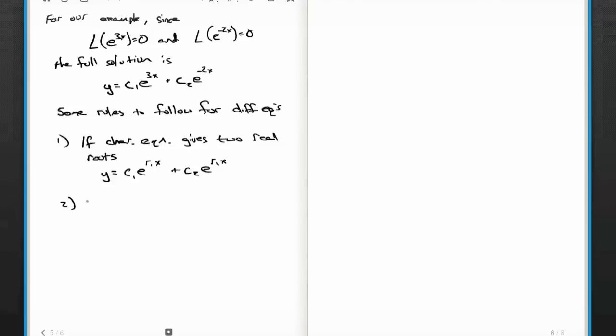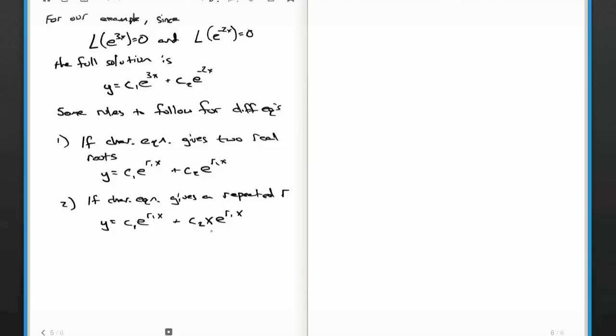So number 2, if the characteristic equation gives a repeated root, repeated r, then you're going to write y equals, let's see, c1 e to the r1x plus c2 x e to the r1x, right? r1 is the only root here because it's repeated, like if the characteristic equation was a perfect square, r squared plus 6r plus 9, something like that.